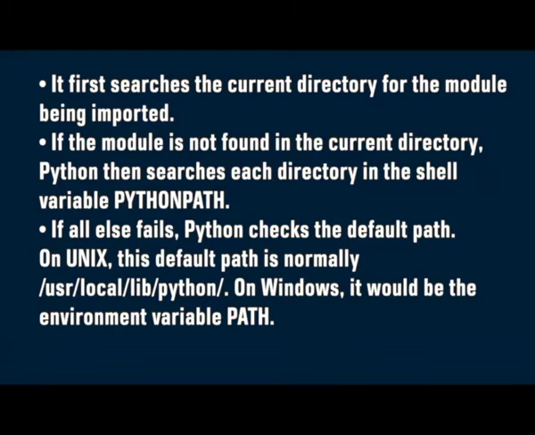On Unix, this default path is normally /usr/local/lib/python, and on Windows it would be the environment variable path. The module search path is stored in the system module sys.path variable.